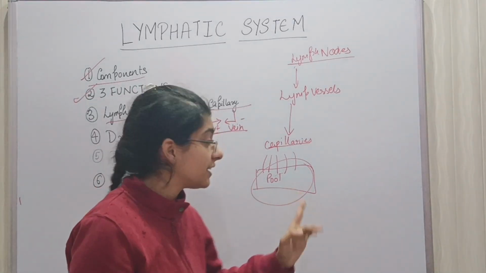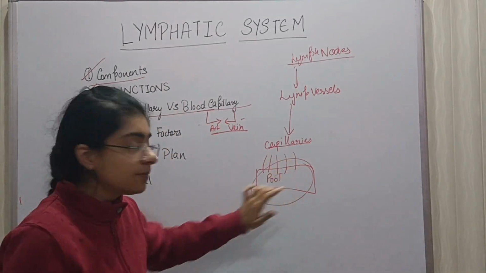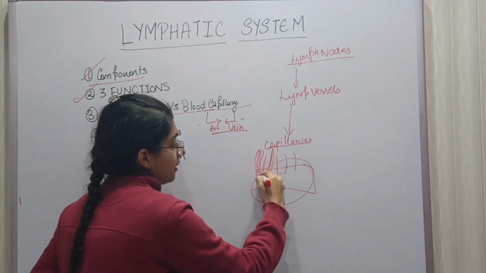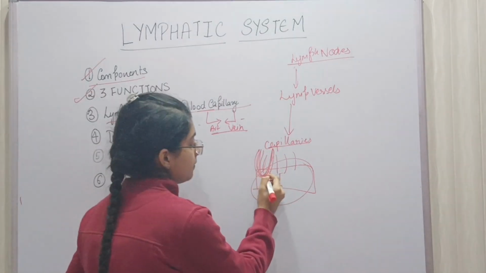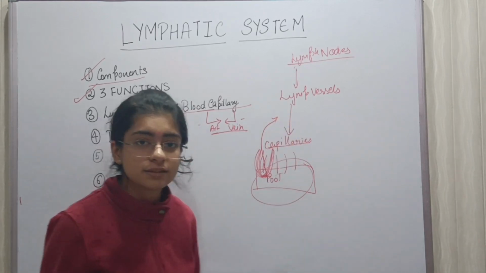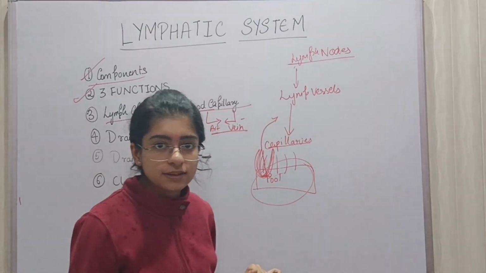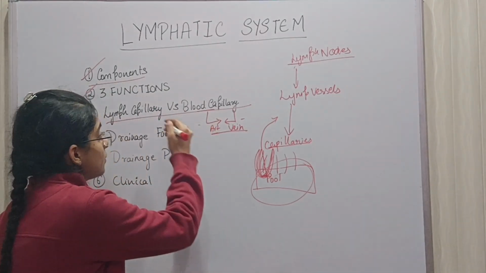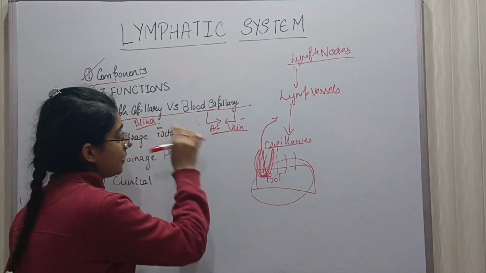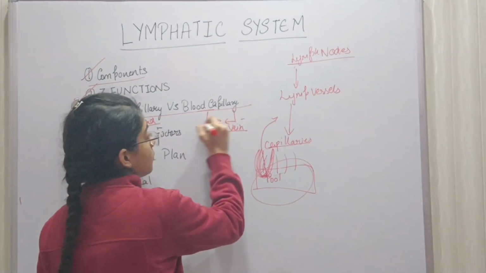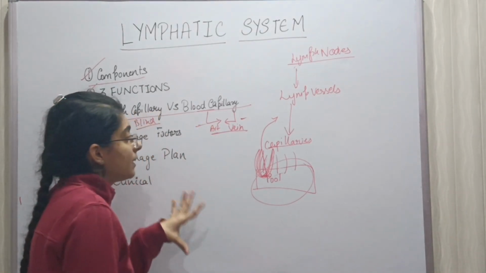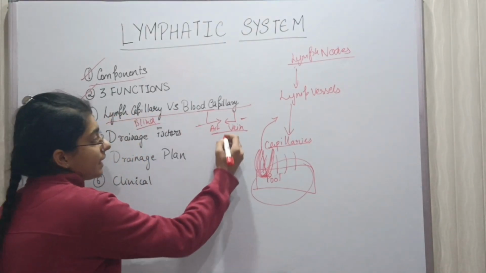But the lymph capillary is open only from one end. Basically, it looks like a blind sac. It is blind at this end, but it continues into the lymph vessels. So this is blind, with no opening from one side, but the blood capillary is open from both ends.